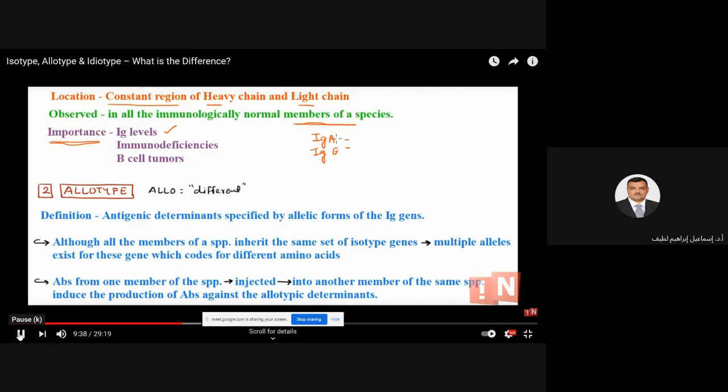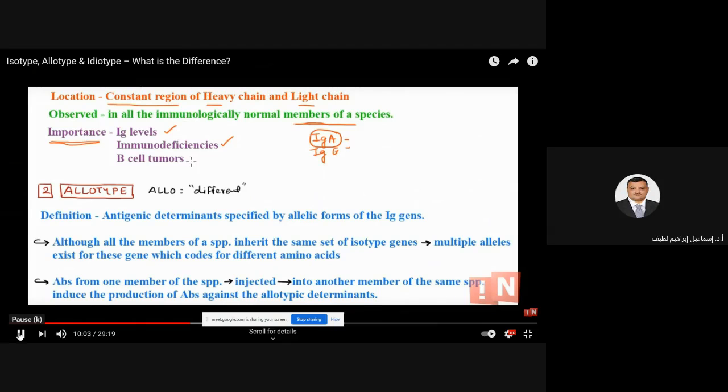So you can compare the levels of each antibody based on the isotypes that are present, and you can predict what could be wrong with the patient. And also you can look for immunodeficiency, right? If you don't find any IgA isotypes, or there is a very low level of IgA, that means there is immunodeficiency. So it's helpful for that.